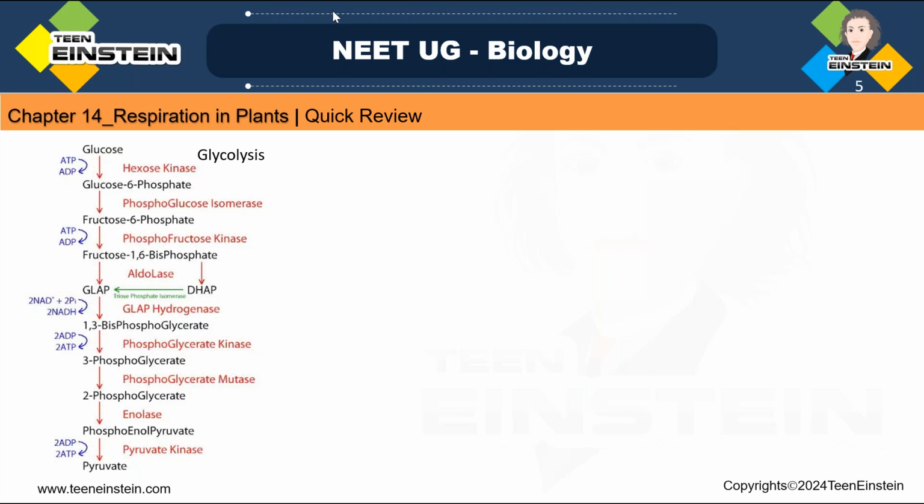And the electrons get coupled with the fifth complex to generate ATP from ADP and Pi. Finally, the electrons reach the fifth complex, which forms the ATP.